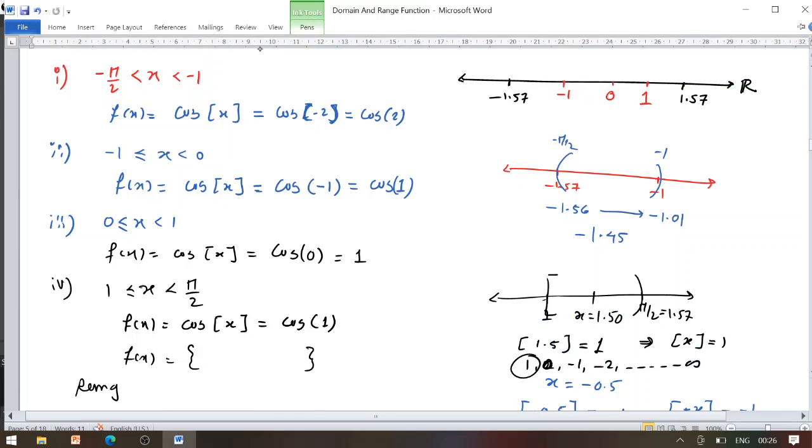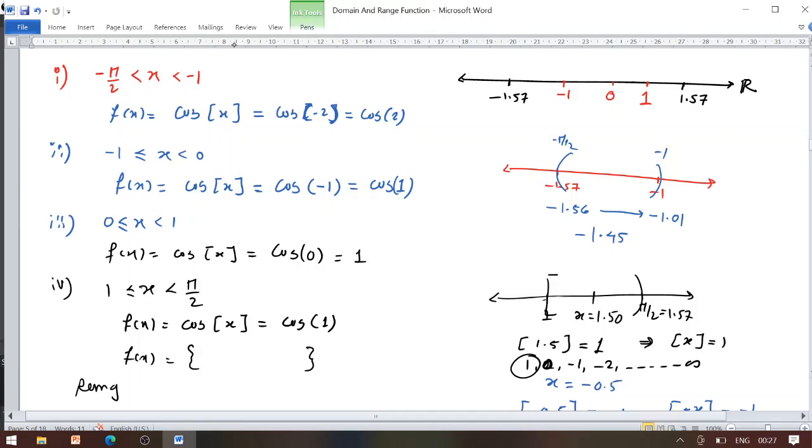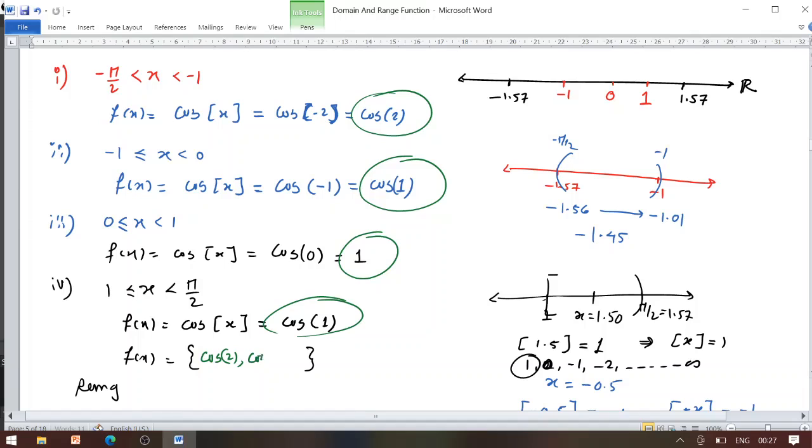They are cos of 2, cos of 1, 1 and cos of 1. So ultimately I will write them in the curly braces: cos of 2, cos of 1 and 1.